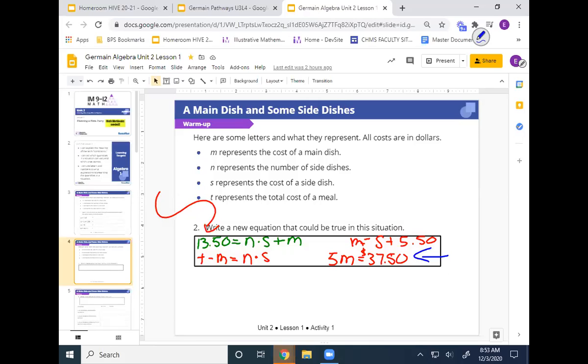Okay, Abby said n times s is equal to $10. Fantastic. Those are all really good. If you took any of those equations that we wrote on that last slide and you substituted a number in, that can work. Or you can run it like Gwen did, where she rearranged them and gave an equivalent equation, because this one is equivalent to that last one on the last slide. Awesome job.